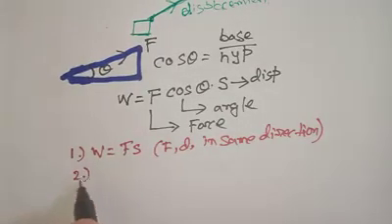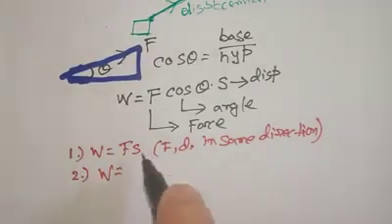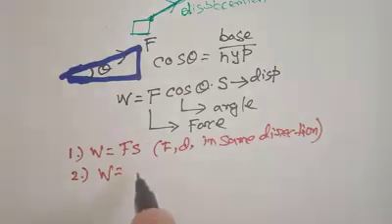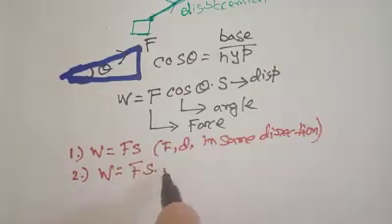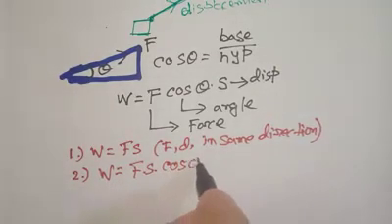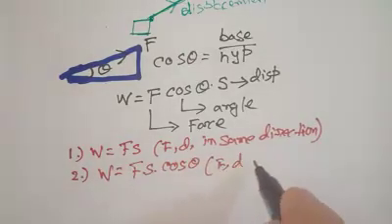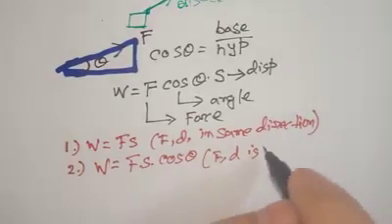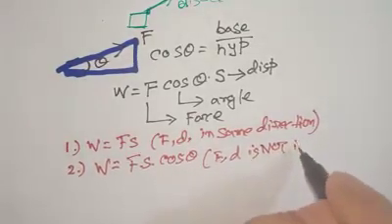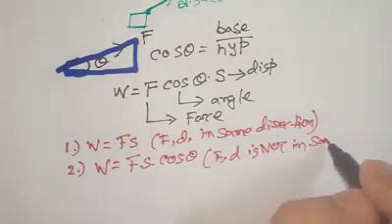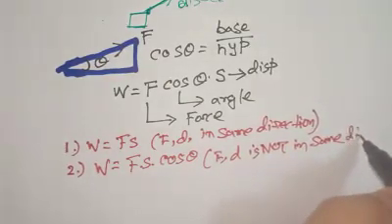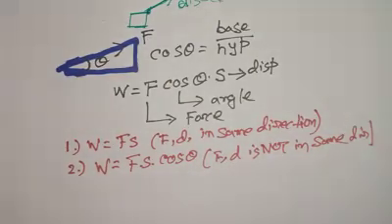What we have learned from the second formula is that W equals Fs cos theta. Why cos theta? Because the force and displacement are not in the same direction. So these are the two formulas. I believe it is going quite clear.